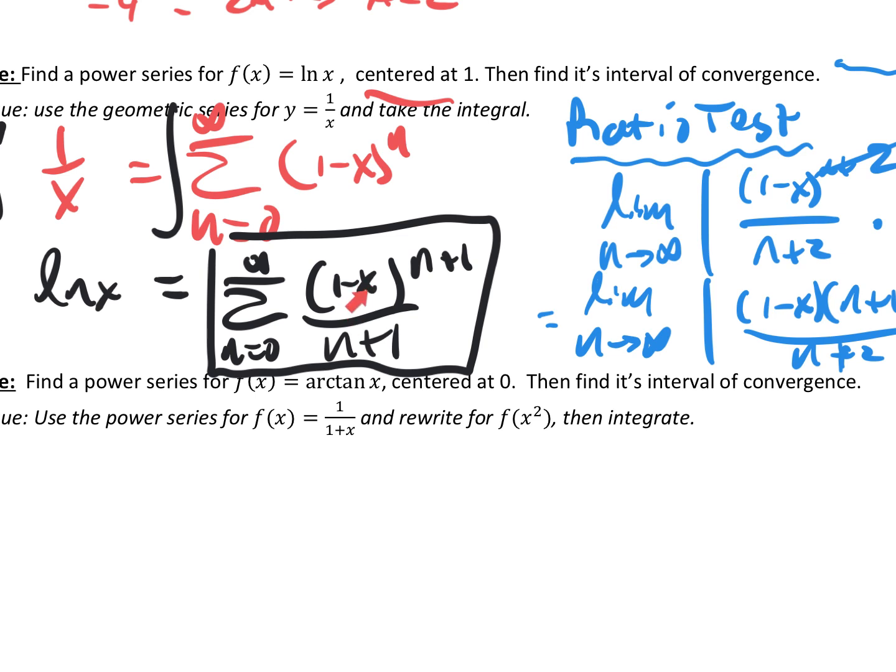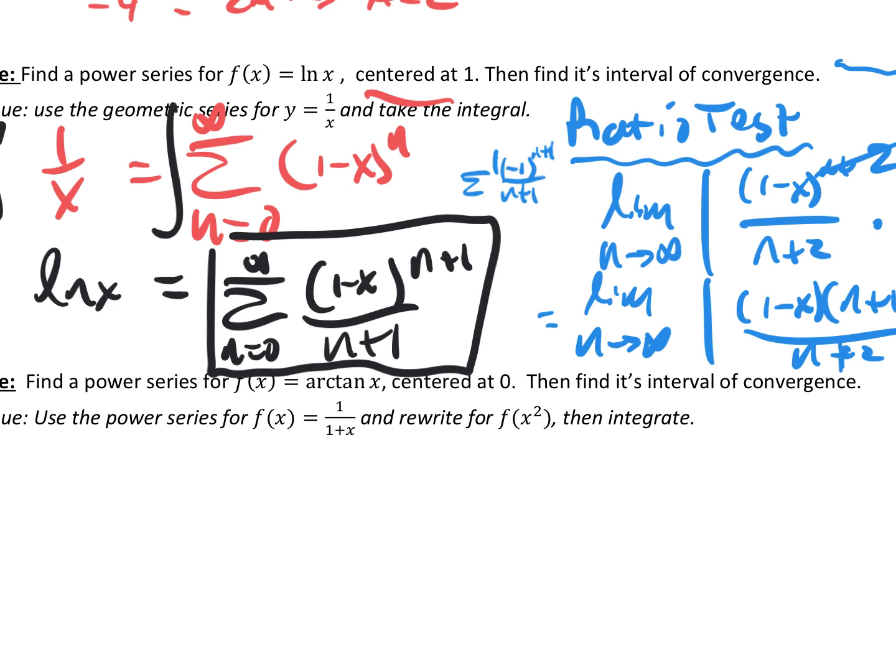Well, if you plug in 2, the other boundary point here, then we have 1 minus 2, which is negative 1. And then we end up with this series, negative 1 to the n plus 1 all over n plus 1. Does that converge? Well, that one does, because it's alternating. Remember, if it's alternating and if you take that negative 1 out and the leftover 1 over n plus 1 goes to 0, then the whole thing converges.